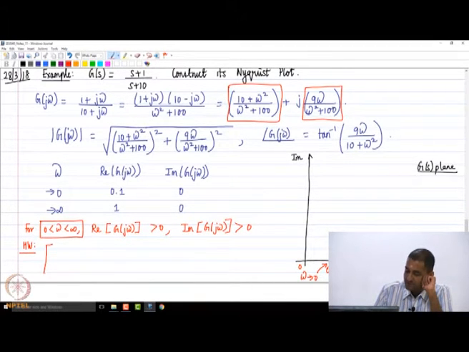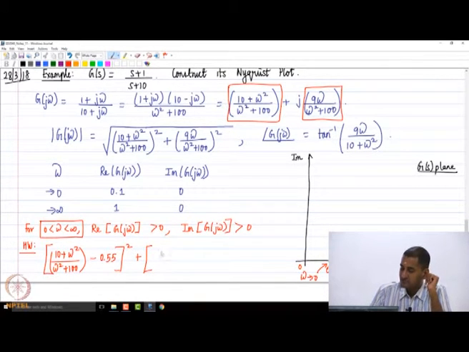So check this expression: the real part, 10 plus omega squared divided by omega squared plus 100, minus 0.55 whole square, plus the imaginary part square, which is 9 omega divided by omega squared plus 100 the whole square, is going to be equal to 0.45 square.